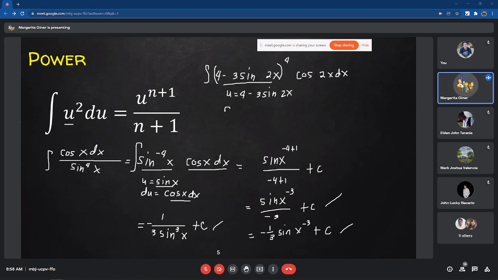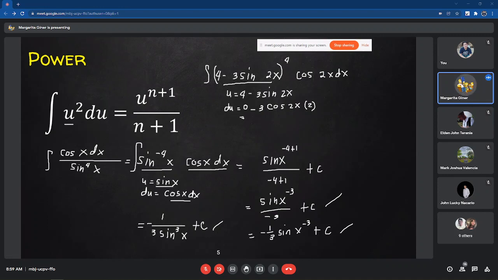So, kung kuha na ito ng derivative, di ba ang derivative ni 4 is automatically that is 0. Okay? Ang derivative ni sine, so ara lang ng 3, derivative ni sine 2x is equal to cosine 2x, multiply mo siya by 2.